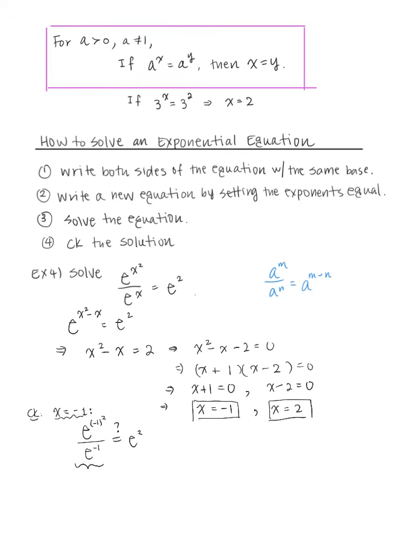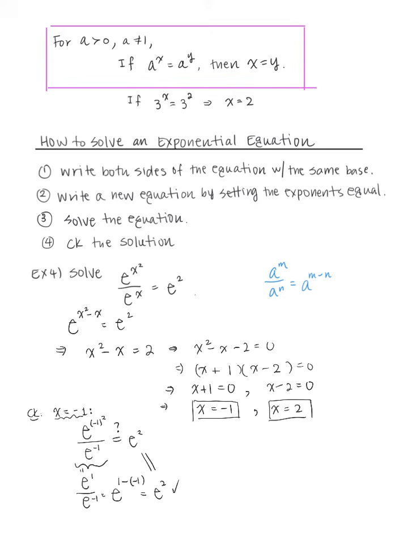If I combine this, you're going to have e to the negative 1 whole quantity squared over e to the negative 1. How do I simplify that? It's e to the top exponent minus the bottom exponent. Be careful right here. If I subtract the bottom exponent, you're going to have minus and then negative 1. So this is e to the second power, so it checks, it matches up. Therefore x equals negative 1 is a keeper.